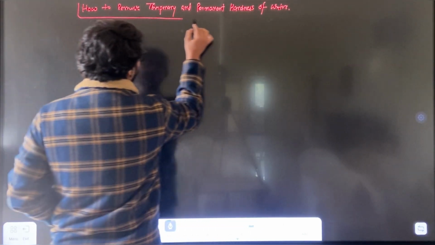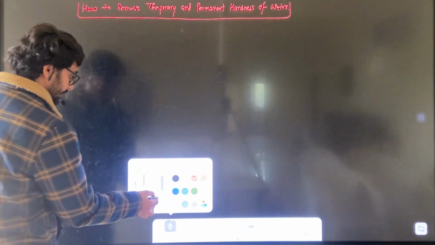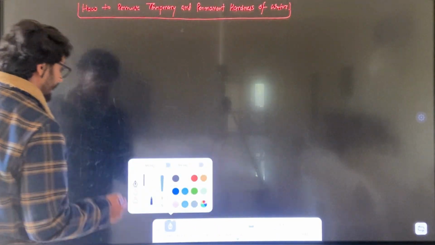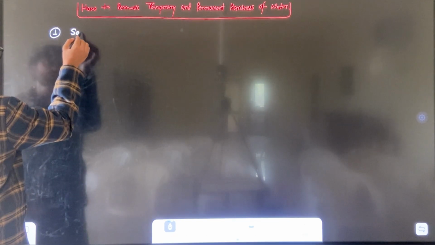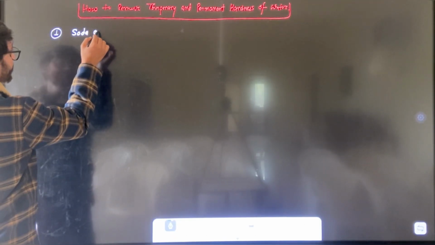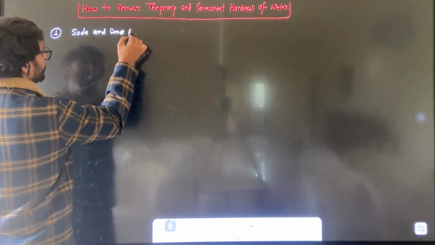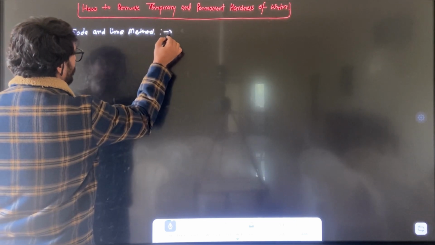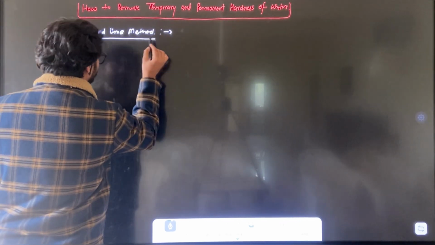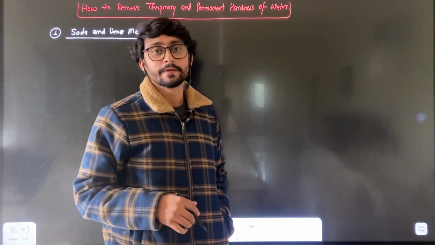This is basically our next topic. In this particular topic, we have the first method, which is known as the soda and lime method. What is the meaning of the soda and lime method? In this method we react soda as well as lime, right?